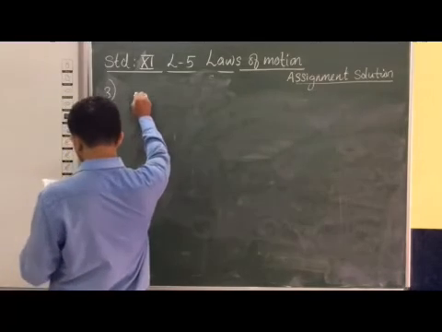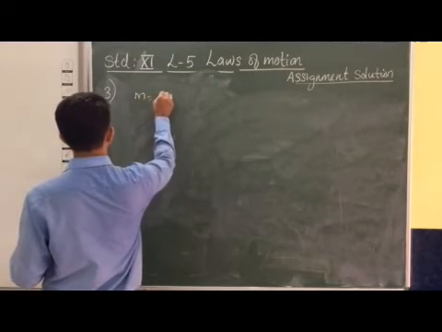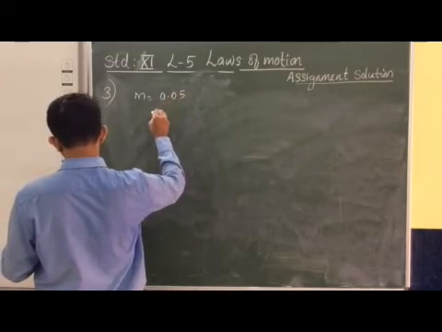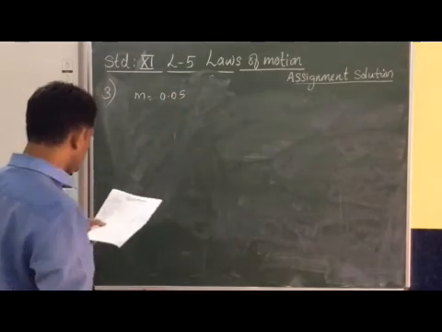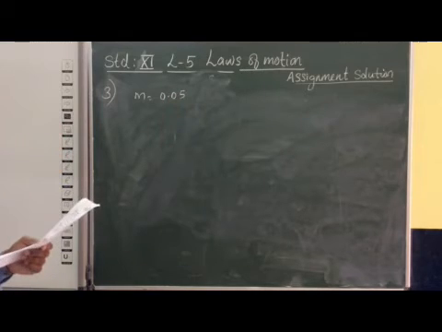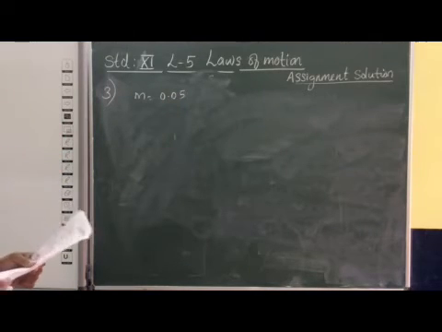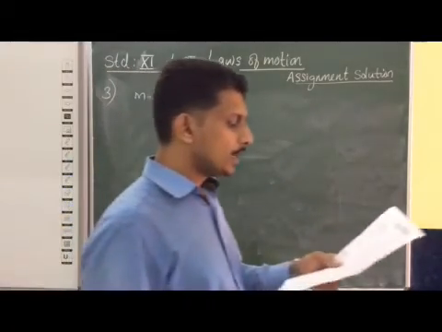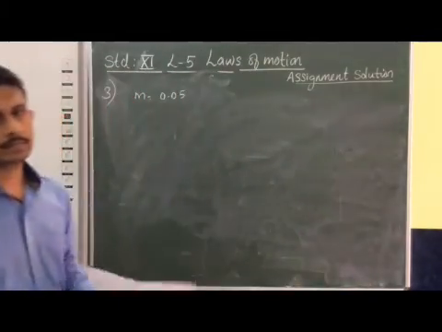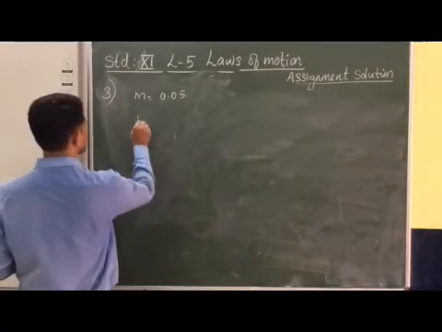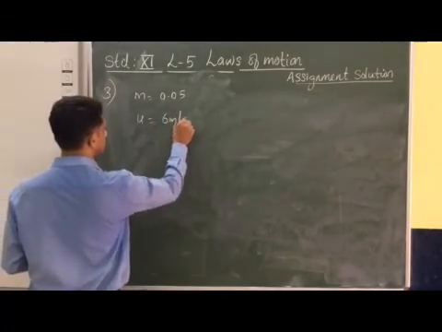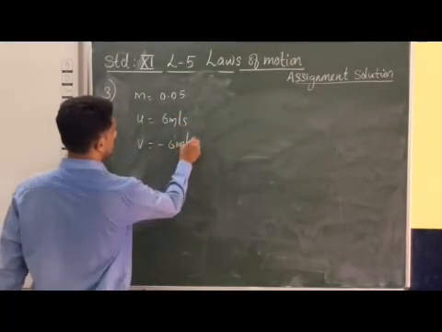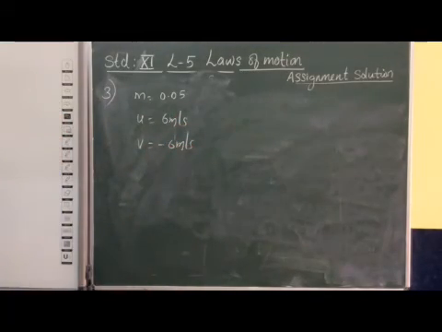Mass is given, 0.05. So initial velocity is also given, 6 meter per second. Final velocity is also given, minus 6 meter per second.